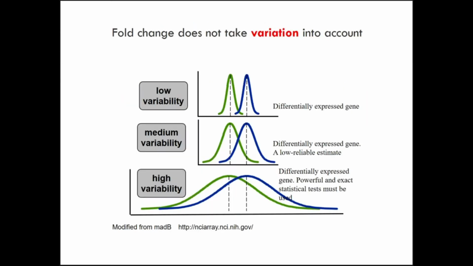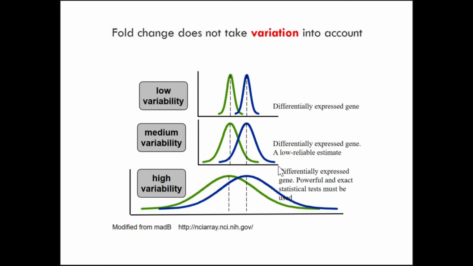So here it shows the fold change is the same, but we should look at the variance, which is not kept the same. The fold change does not take the variations into account. Here are two different groups, and they keep the same average.